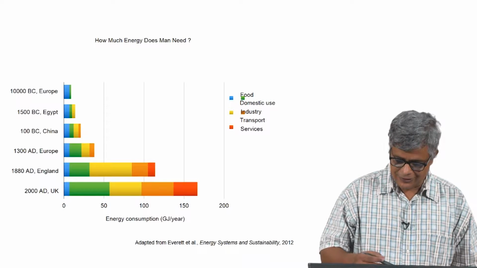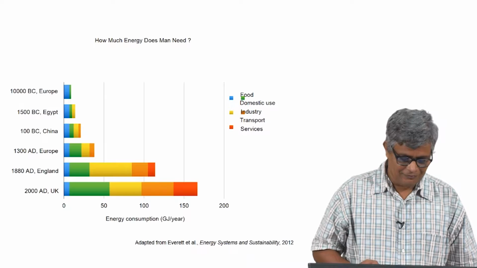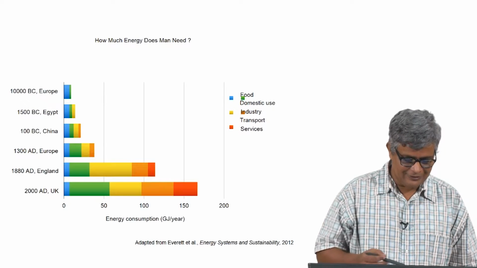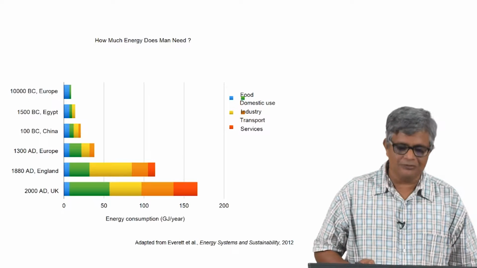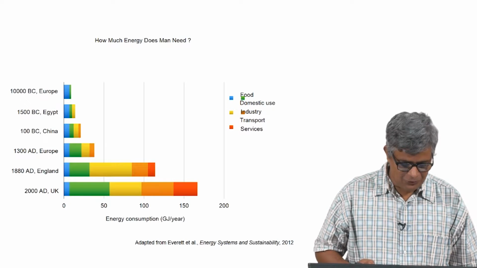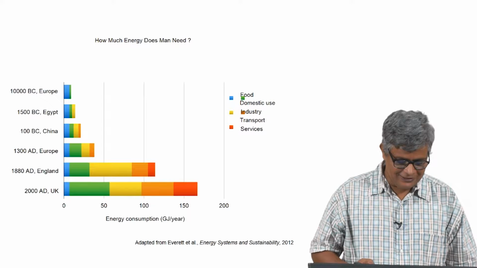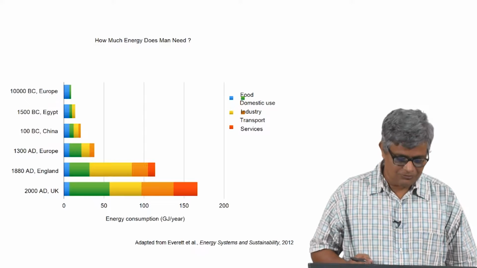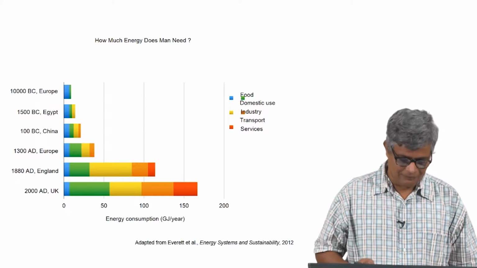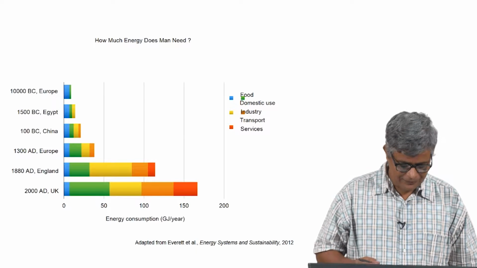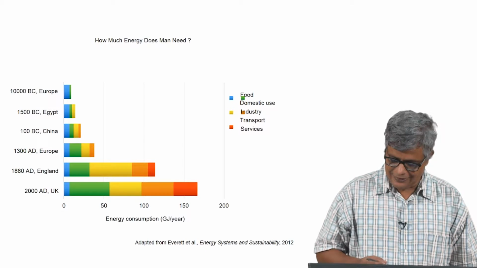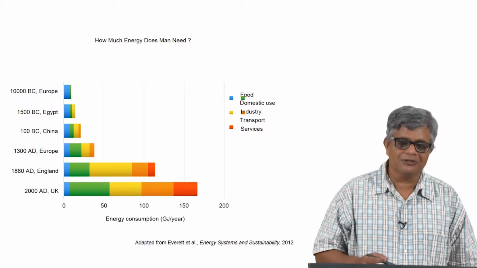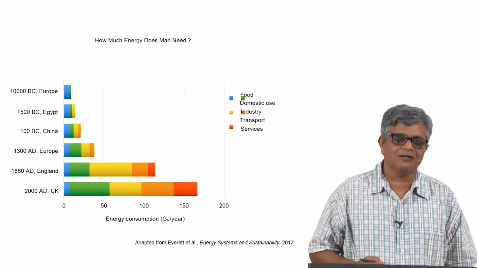You can see that the green color domestic use is very little in 10,000 BC, but 1500 BC, maybe at the height of Egyptian civilization, there is slightly more. 100 BC China, that is also well developed, but maybe isolated society, independently grown society, and by then you not only had a significant component of domestic use, but there is also some development in industry and some requirement for transport.